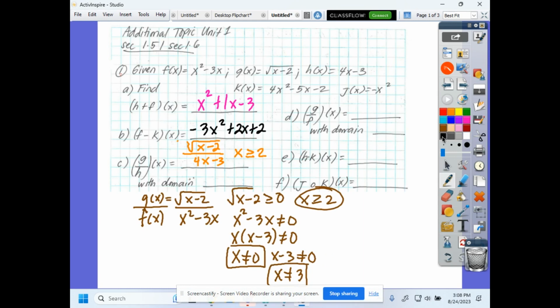So when you graph that one, 0 is right here, the 2 is there, the 3 is here. The 2 is closed, going to the right, while the 3 will be open, connect, connect, and go that way. So they overlap right here and right here.